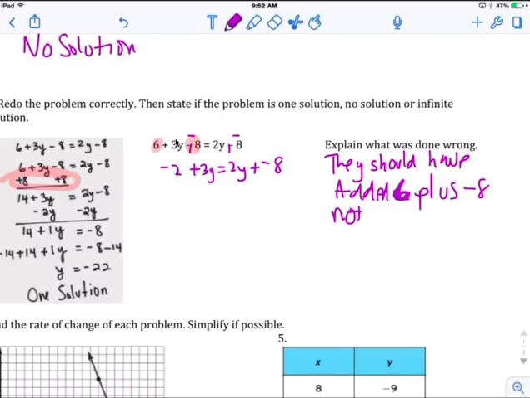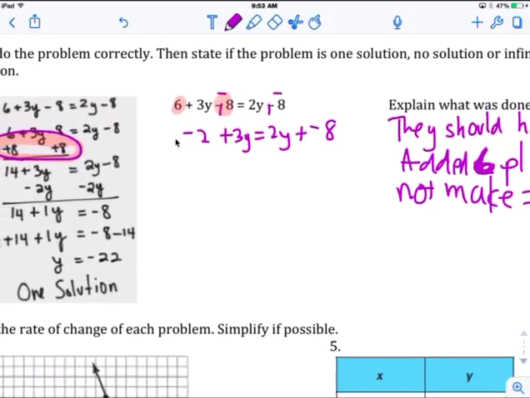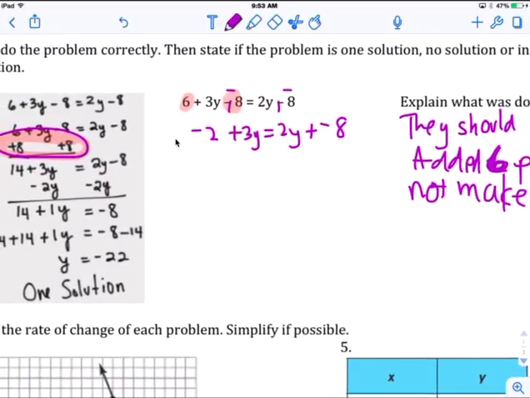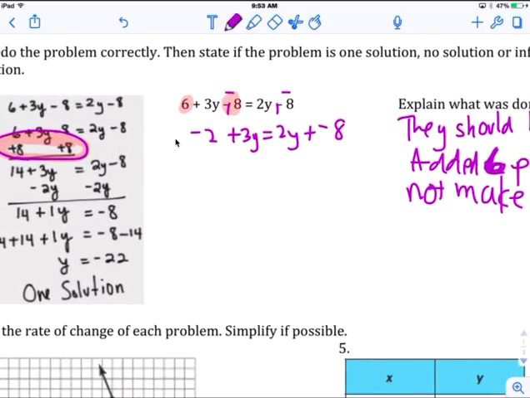Not make 0. I still have kids that do this, guys. Never on the same side. Okay? And that was their mistake. All right, let's redo it correctly.